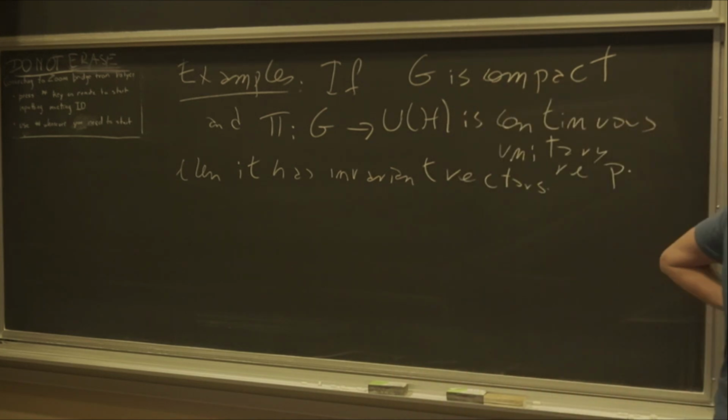Okay, I will not do the details. I will just tell you what the invariant vector is. Then you will have to do the details. It's not 100% trivial, actually, the details.